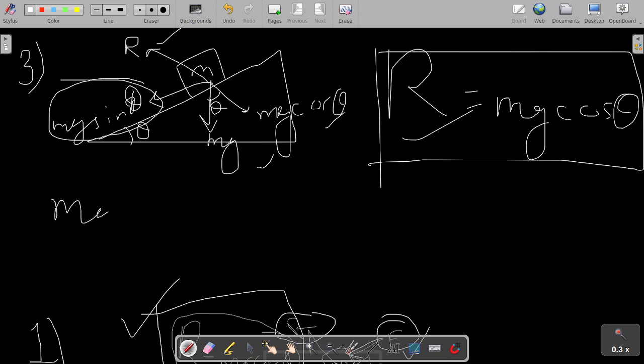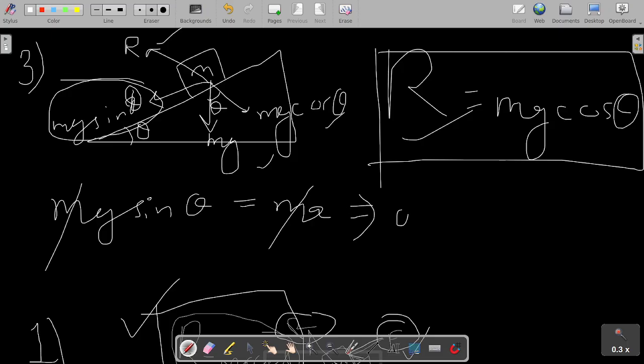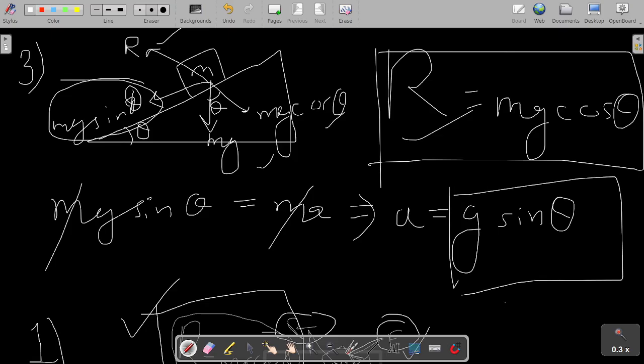Then mg sin theta is the only cause for ma. So m and m get cancelled. We are left with a equals g sin theta. This is our third equation.